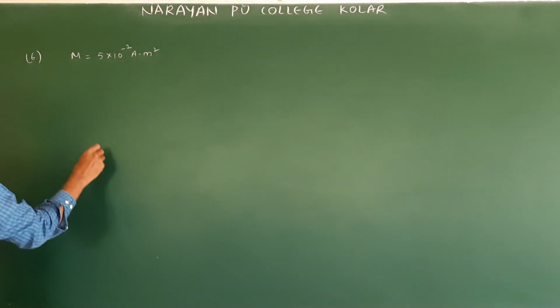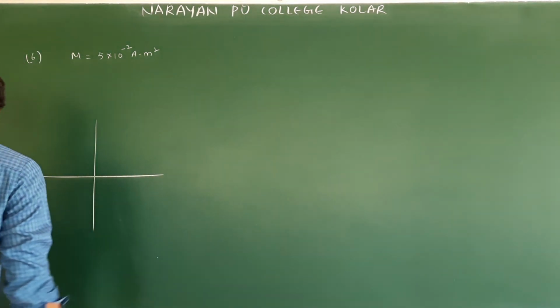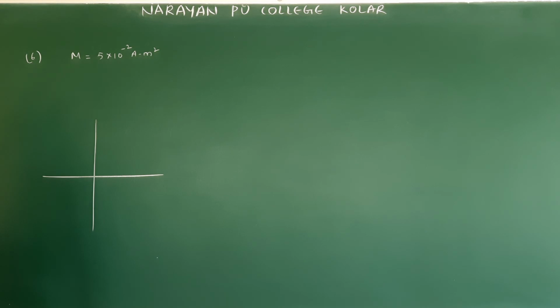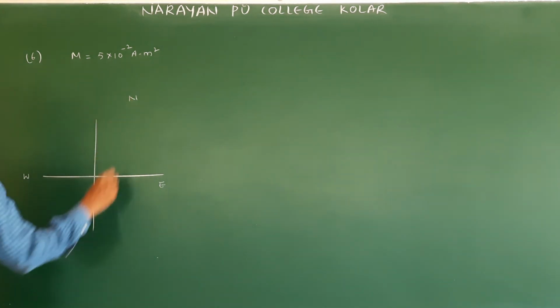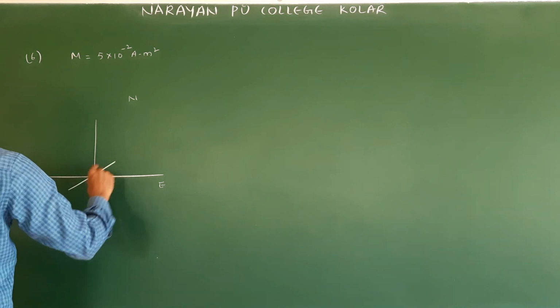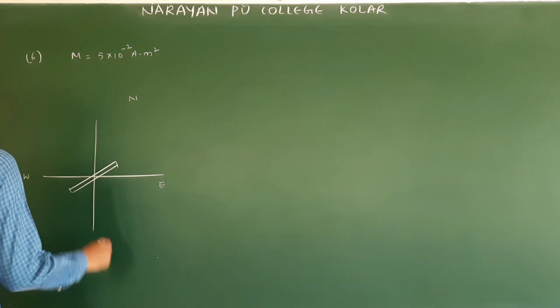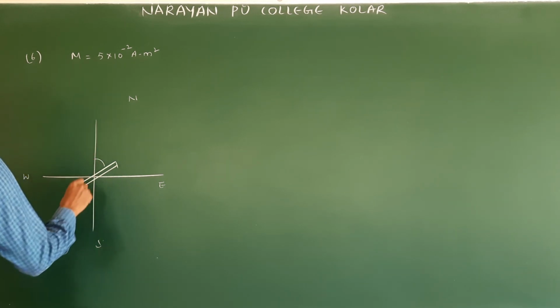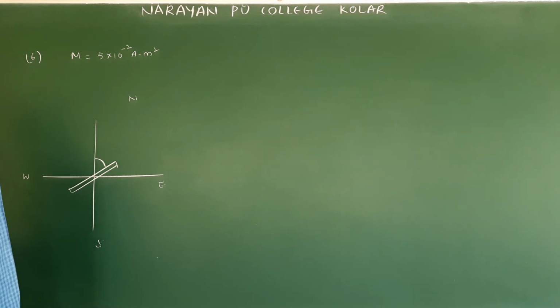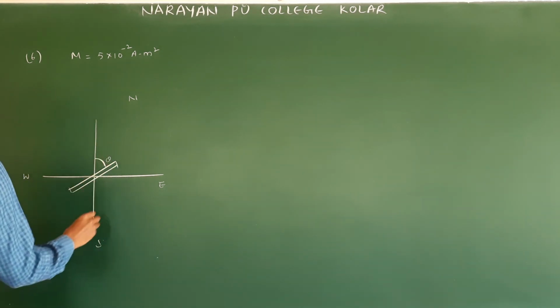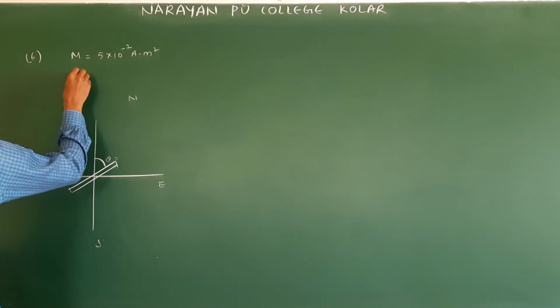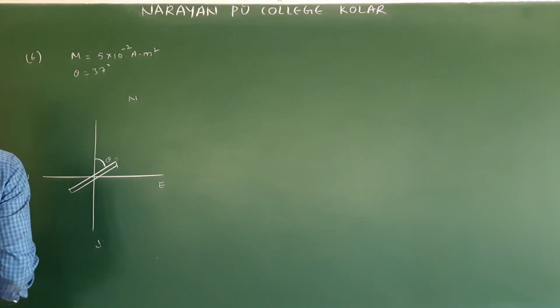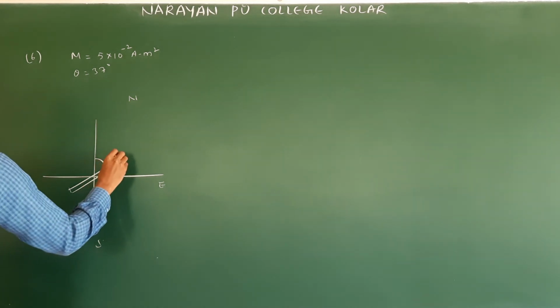So here I am drawing the figure. 37 degrees east of north they mentioned. So this is east, west, this is north, south. The magnet is placed like this. How many degrees? East of north. So we will take the angle with the last direction, that is north. This is theta, which is 37 degrees. Clear?